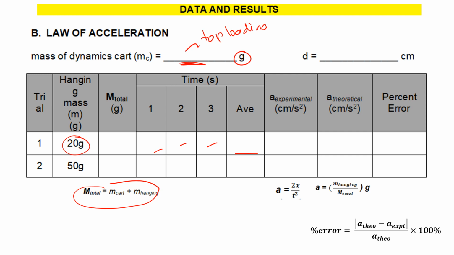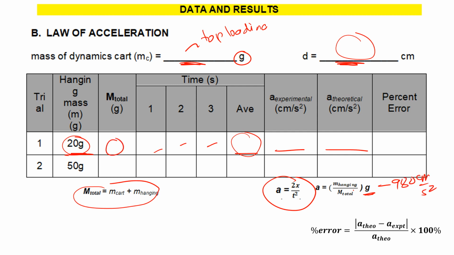And let's compute the experimental value of acceleration. Again, the formula is 2 multiplied by the distance, whatever the value here, divided by the square of the average time. And for the theoretical value, that will be the hanging mass, 20 grams, multiplied by 980 centimeters per second squared, divided by the total mass, the sum of the hanging mass and the mass of the cart.